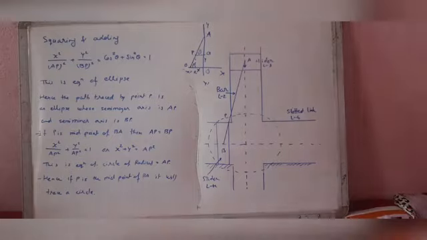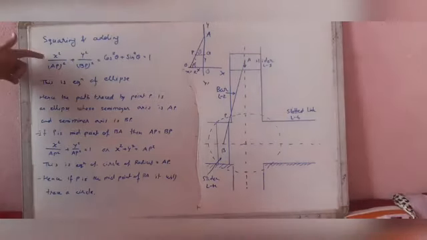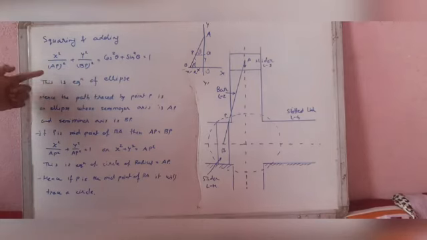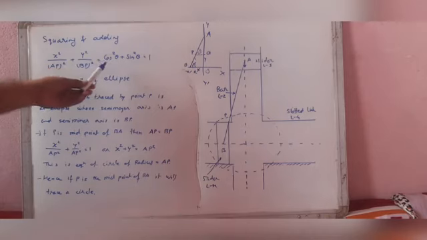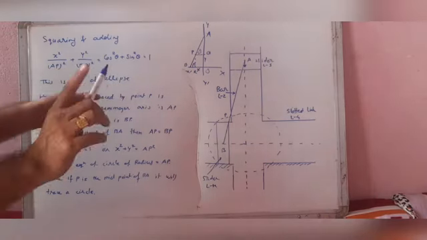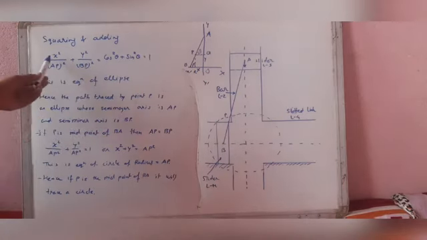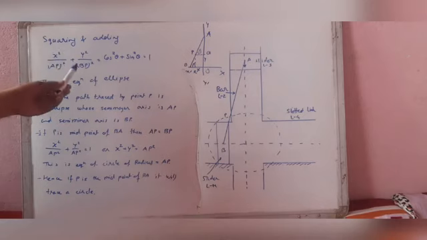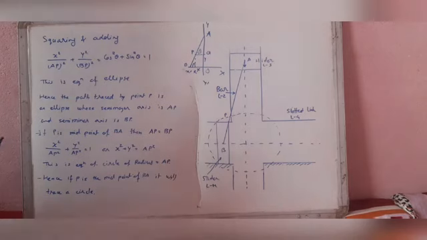Now squaring and adding the values: x square by AP square plus y square by BP square equals cos square theta plus sin square theta, and we know cos square theta plus sin square theta is equal to 1. So x square by AP square plus y square by BP square equals 1; this is the equation of an ellipse.